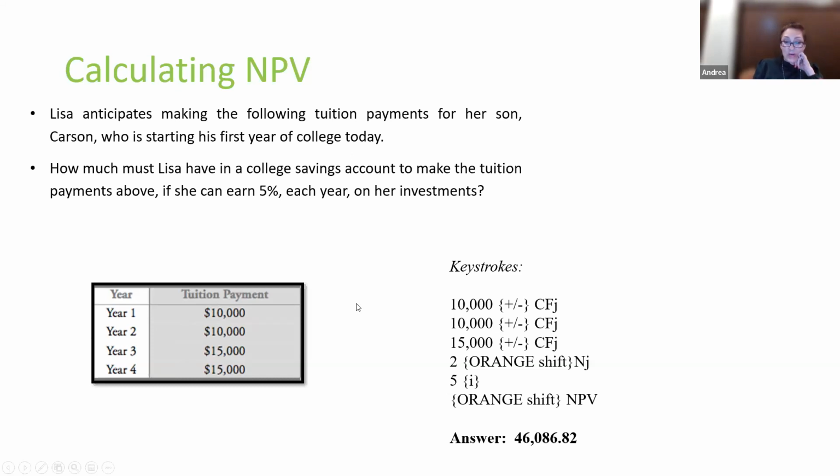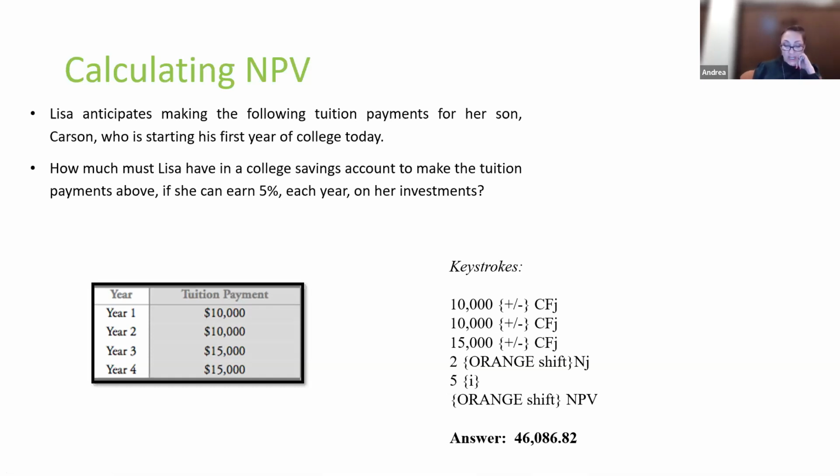I'm going to show you how you can plug in just 10,000, 10,000, and then we can do the shortcut for the 15,000. You can also do 10,000, 10,000, 15,000, 15,000, but we're going to show you the long way for the 10,000 and then the short way for the 15,000. So first it's going to be 10,000.